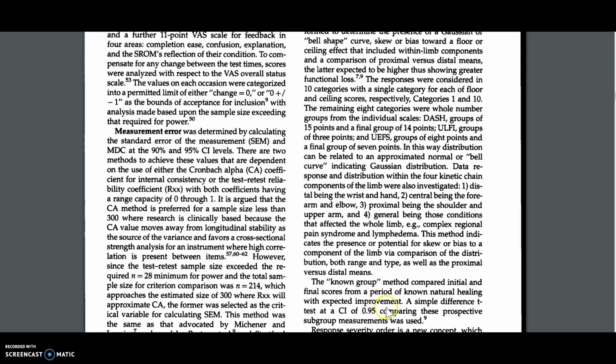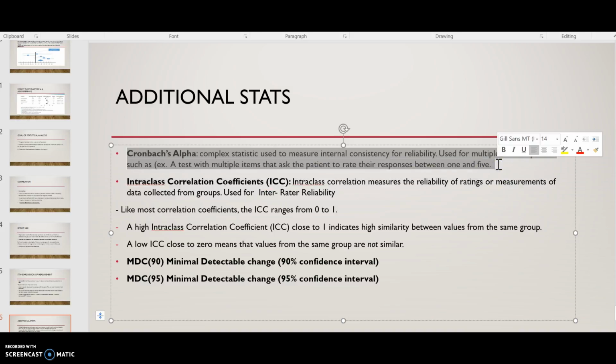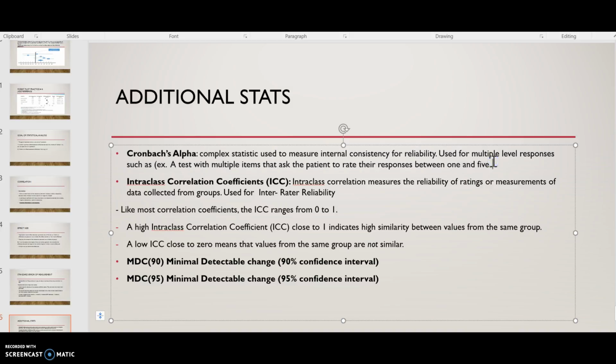And I believe I only talked about the CA here in this PowerPoint, where the CA is a complex statistic used to measure internal consistency for reliability, and is used for multiple level responses, such as an example I provided, a test with multiple items that ask the patient to rate their responses between 1 and 5. So in this case, that definitely fits the DASH, the ULFI, and the UEFS. Whew, that was a lot to take in.